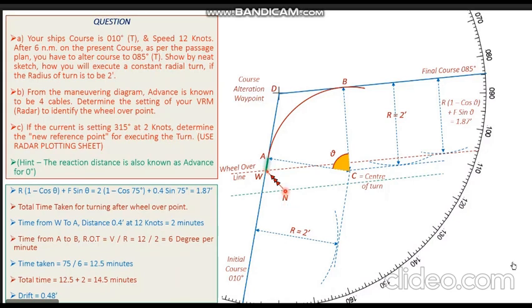So this November point which we have obtained now becomes our new reference point for executing that turn. So if we commence our turn at point November, the current is going to drift us from November to Whiskey in 14.5 minutes.